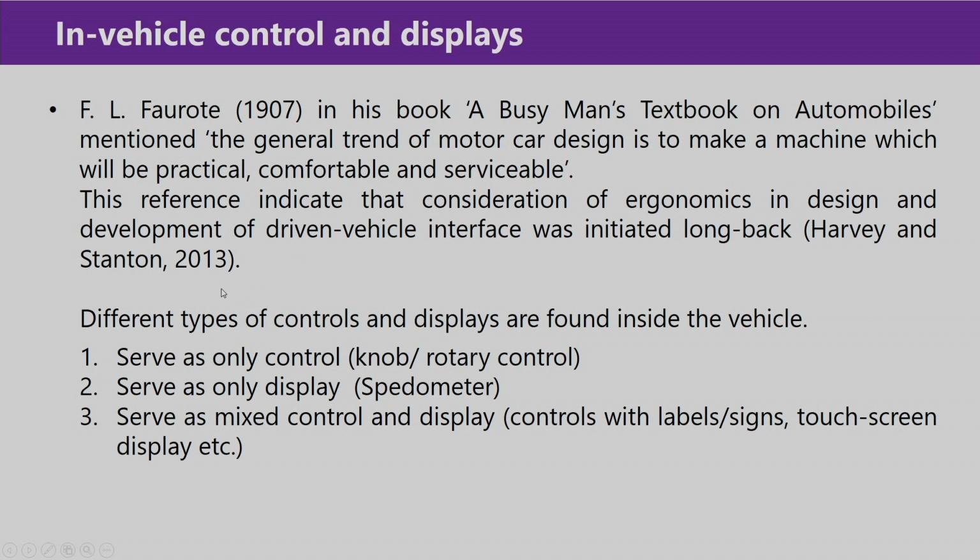Now, in the vehicle there are different types of controls and displays, and some of these mainly serve as only controls, others only displays. On the other hand, there are also mixed controls and displays, for example controls with labels or signs, and touchscreen interfaces.